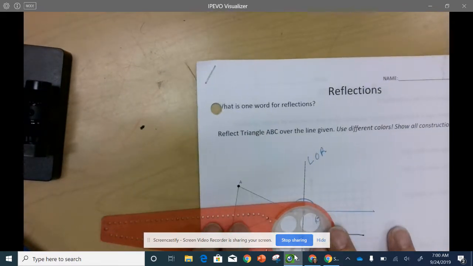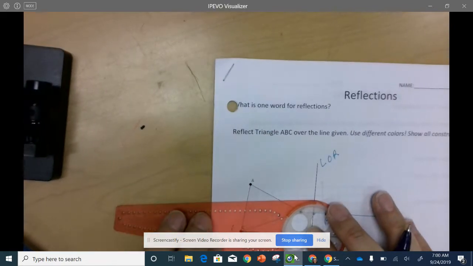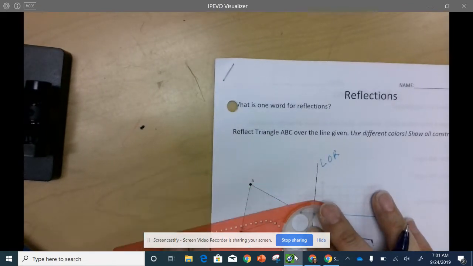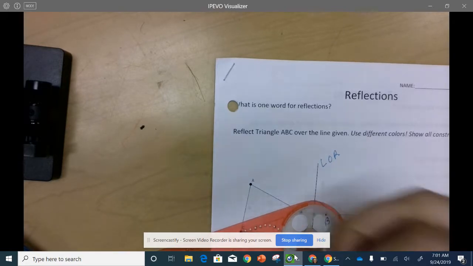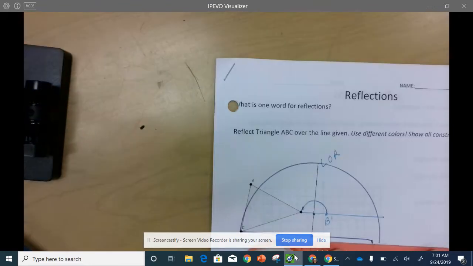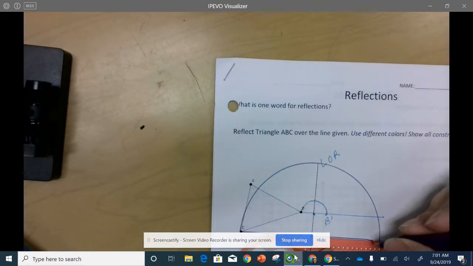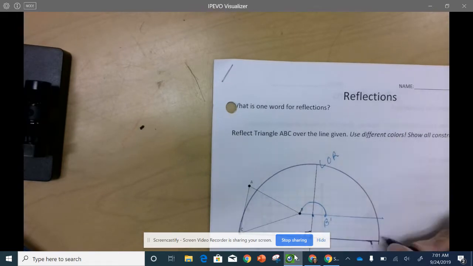Line it up, put my compass on the line of reflection, line it up with C, so find which hole matches. And I'm going to draw my arc. So draw your semicircle across. And this one I need to extend my perpendicular line. So remember, it'll make a perpendicular line. So now that's going to be C prime.